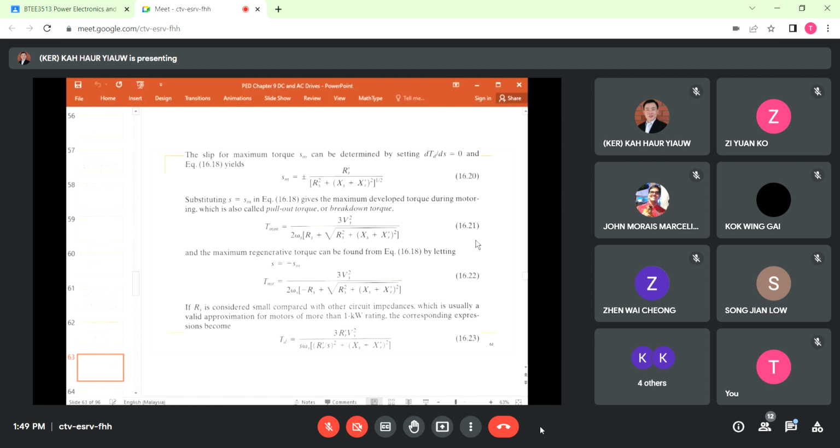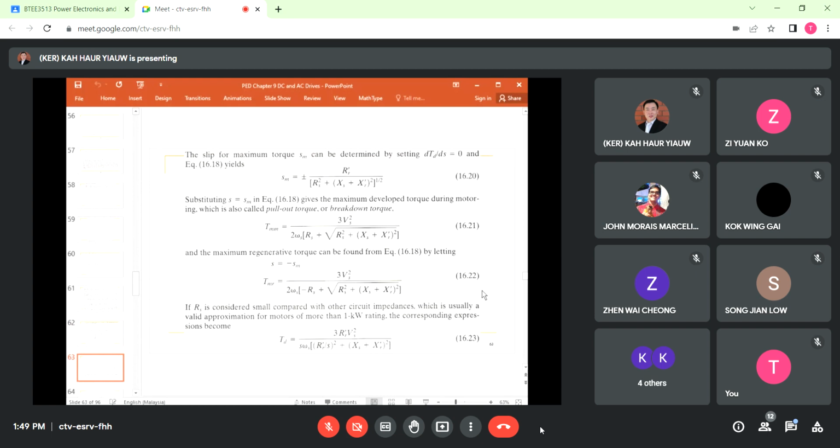The maximum regenerative torque can also be found from equation 18 by setting S equal to minus Sm, and TMR, which is the maximum regenerative torque, is shown in equation 22.